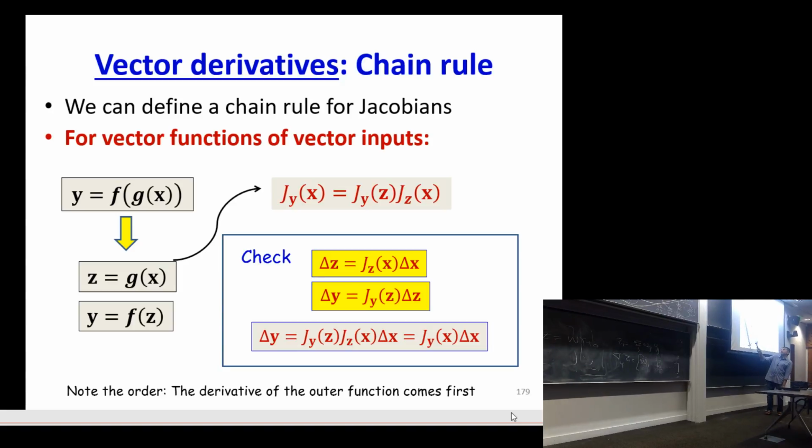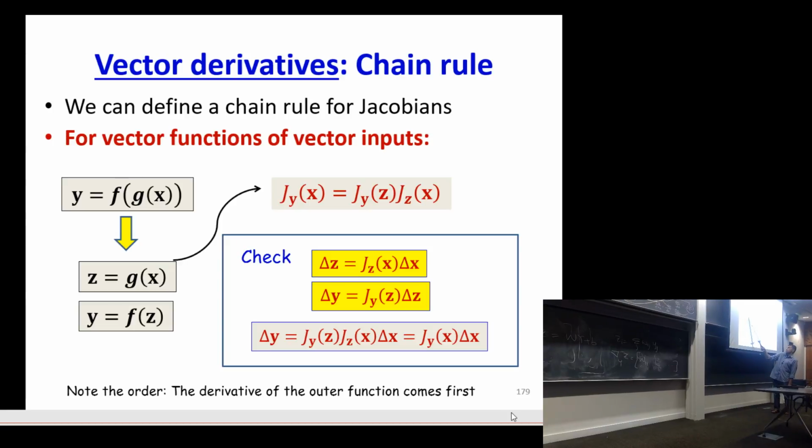This is a scalar, x is a vector, so you expect the derivative of b with respect to x to be a gradient, a row vector. The derivative of d with respect to g is a row vector, a gradient. The derivative of g with respect to x is a Jacobian, a matrix. What is a row vector times a matrix? It's a row vector, the dimensions hold, right?